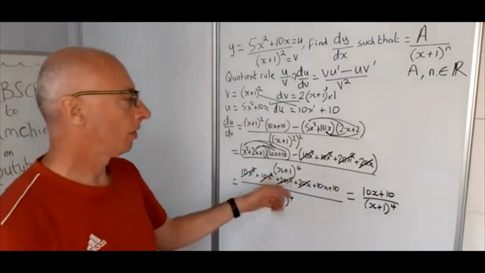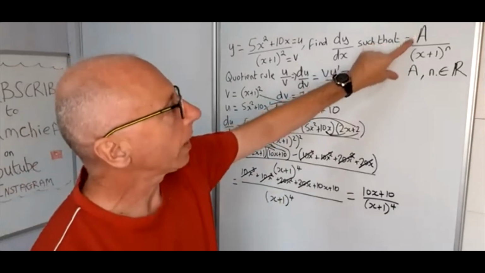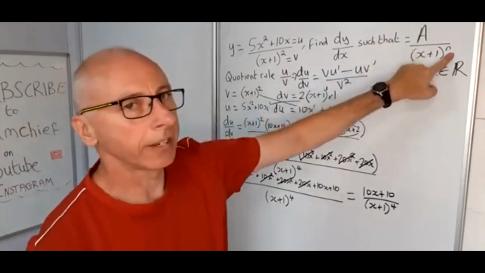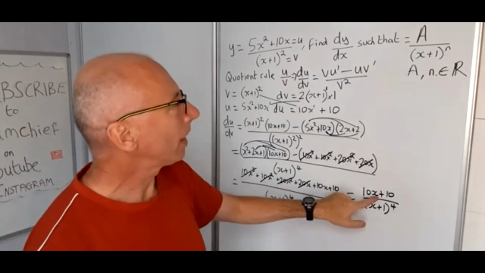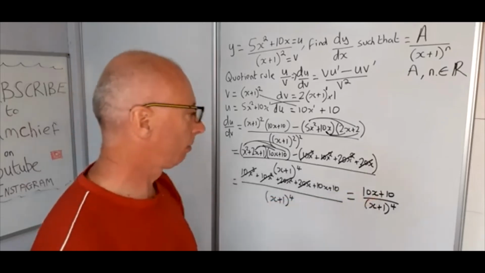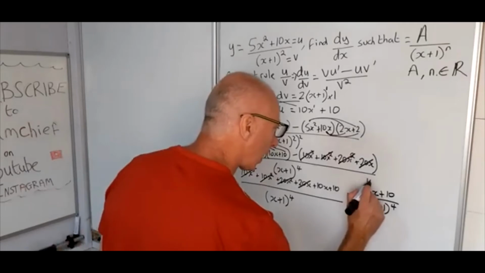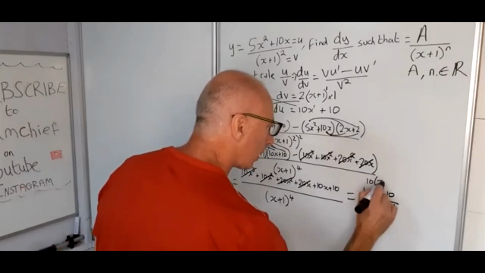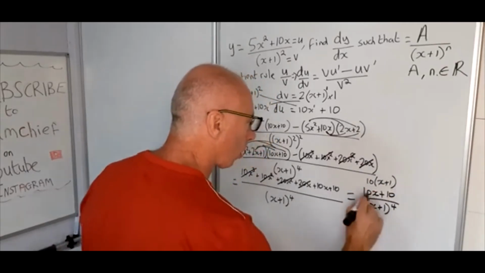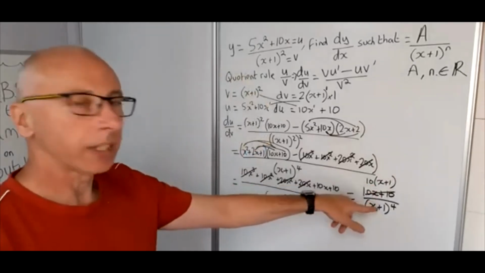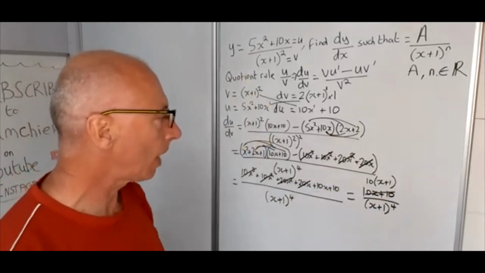That's our derivative, but we want it in the form of a over x plus 1 to the power of n. So this is not an integer or a real number. So what we do know, we can see that as a 10 in here somewhere. If we do 10 times x plus 1, that will factor out this, gives us the same, we haven't changed the value or anything.